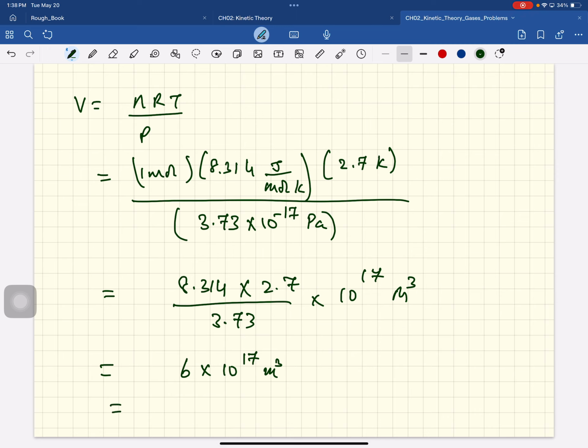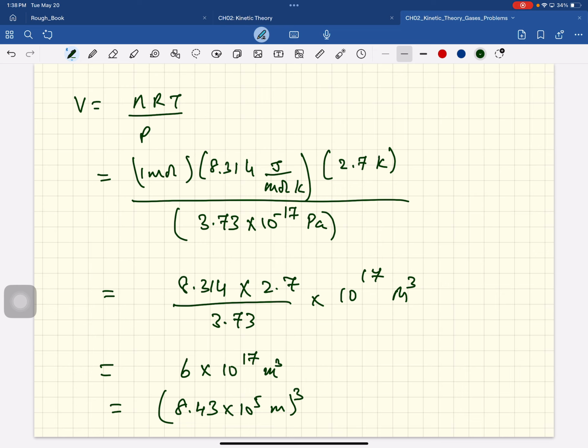So we'll make this 10 to the 15, the cube root of 10 to the 15 is 10 to the 5, times the cube root of 600, which is 8.43 times 10 to the power 5 meters.